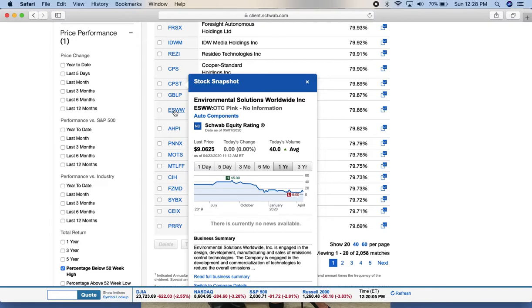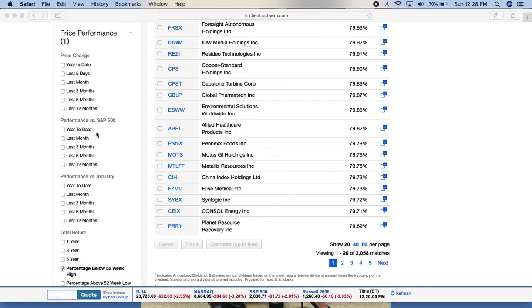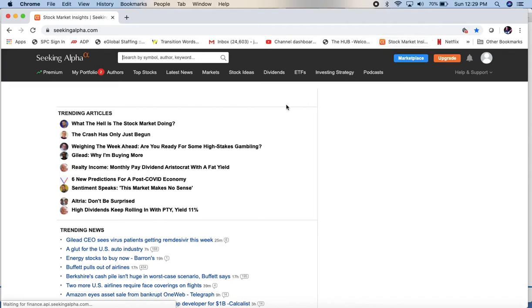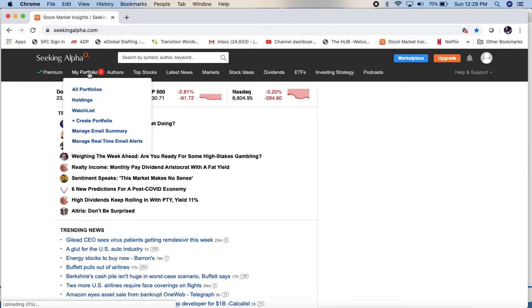That's pretty good opportunity. Now, one of the things you can consider doing is you take this code right here, so ESWW. I'm opening up my other browser because that's where I've got links set up. So then I would go to my Seeking Alpha chart because this is where I'm monitoring things.